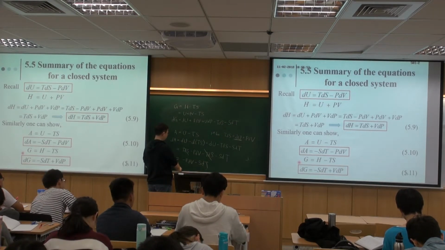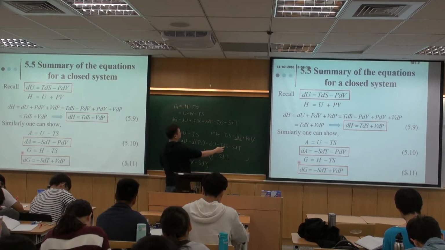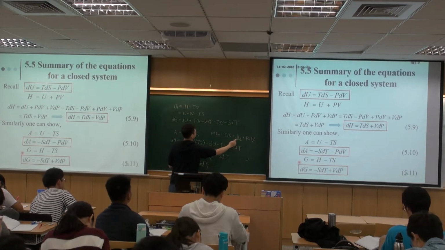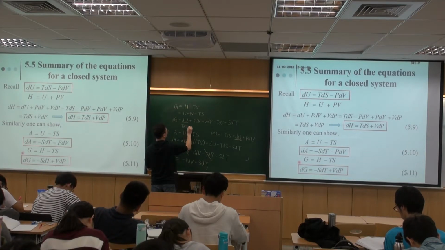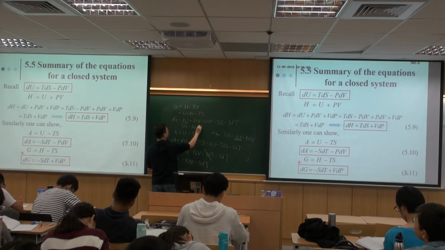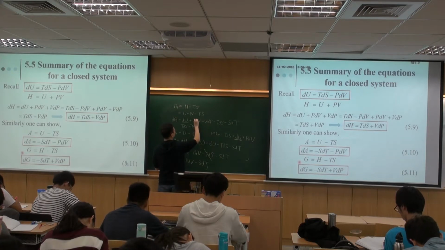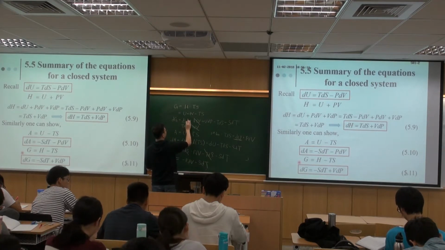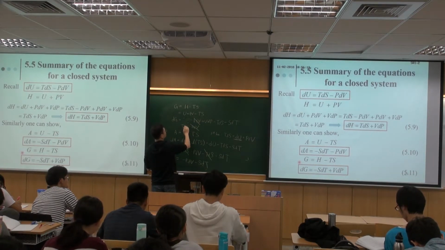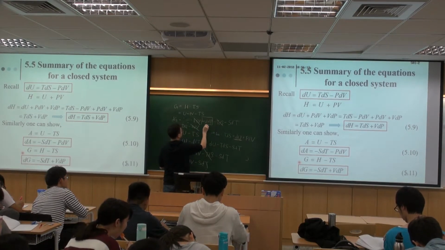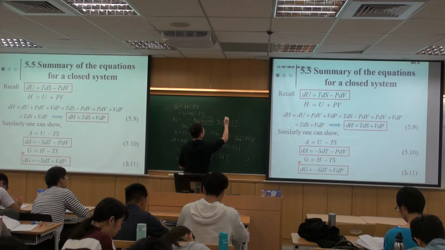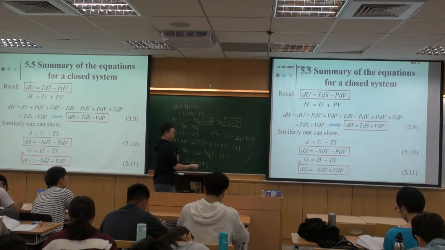Actually, it's pretty straightforward. We can just use dU, again, TdS minus PdV. So we know that, again, these two terms will cancel out. This will cancel with this one. So we end up with these two terms. This is actually pretty straightforward.